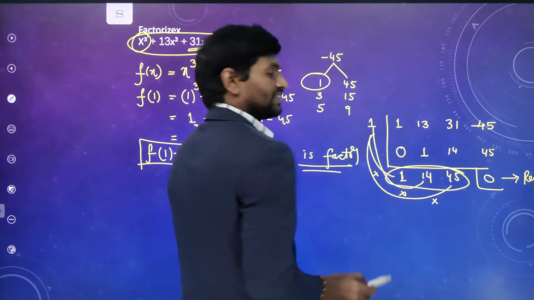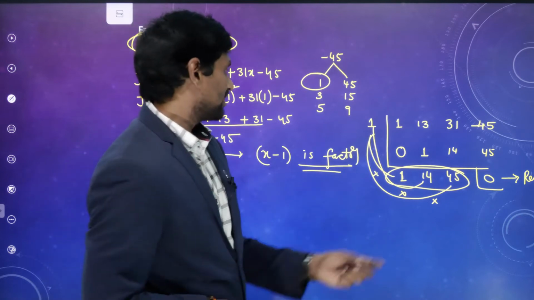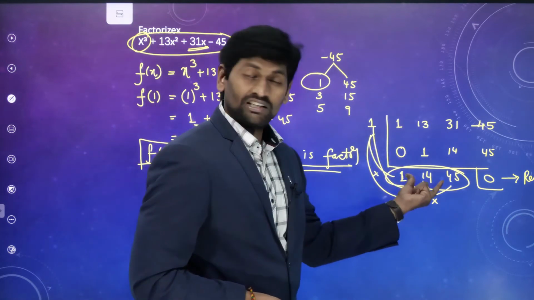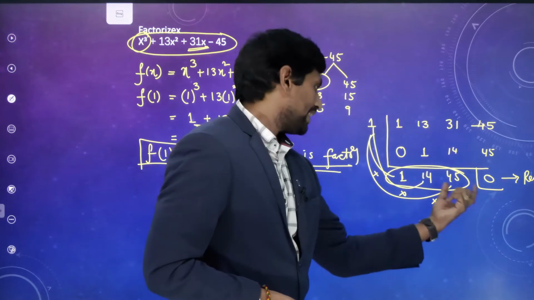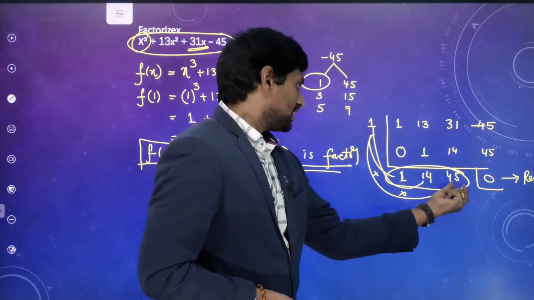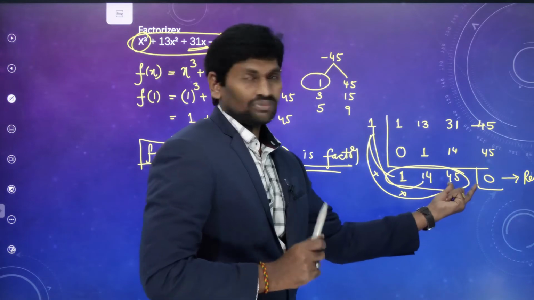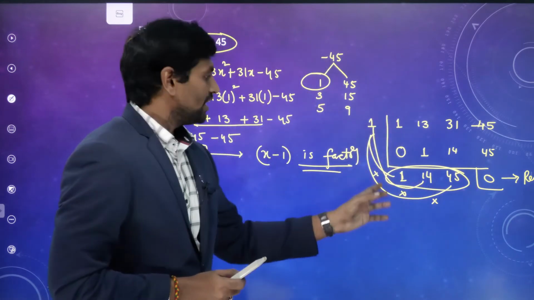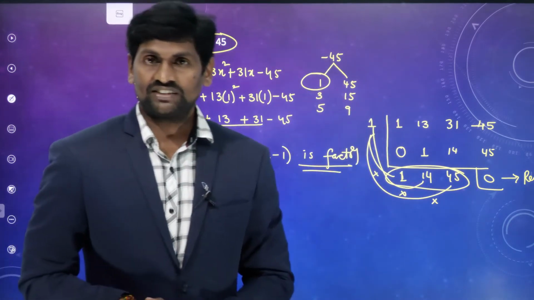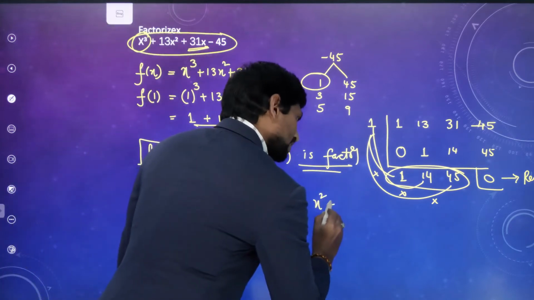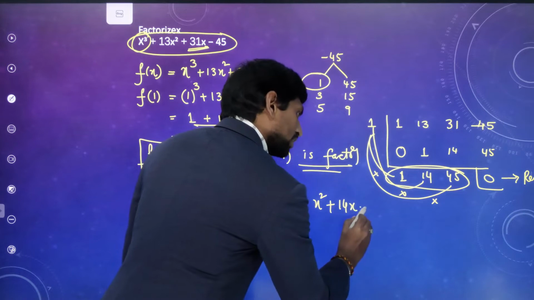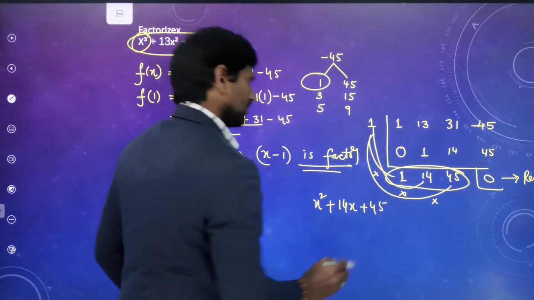And we still have 3 coefficients left: first term 1, second term 14, third term 45. From the right side, 45 will be the constant term, 14 will be the x term, and 1 is the coefficient of the x square term. So let us write this as x square plus 14x plus 45.